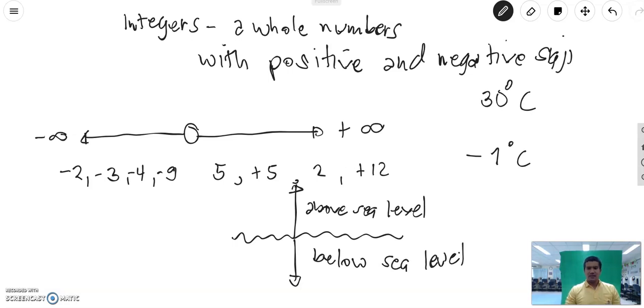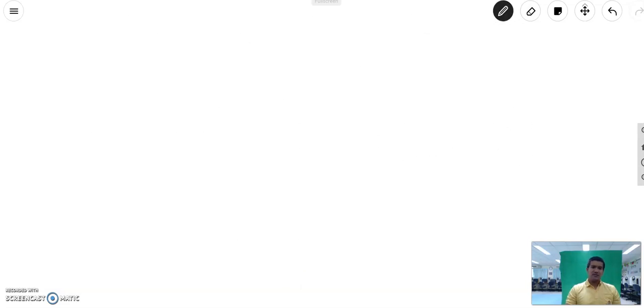Now let's represent an integer in a line diagram or a line graph. For example, we have to draw negative 5. So here we have 0. This side is going to be positive, and this side is going to be negative.